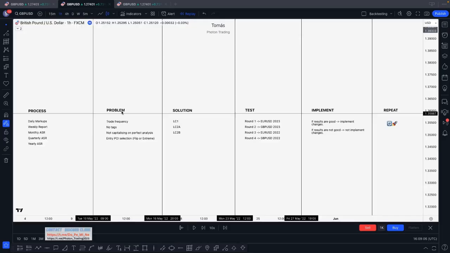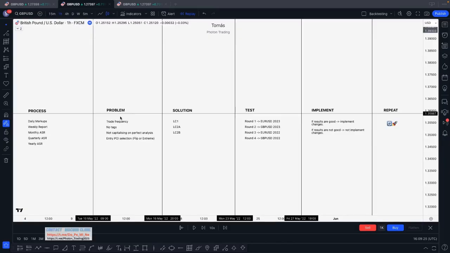The strategy still works with the old entry models. However, the new version, the LC models, are literally a game changer and will improve the strategy overall, right?